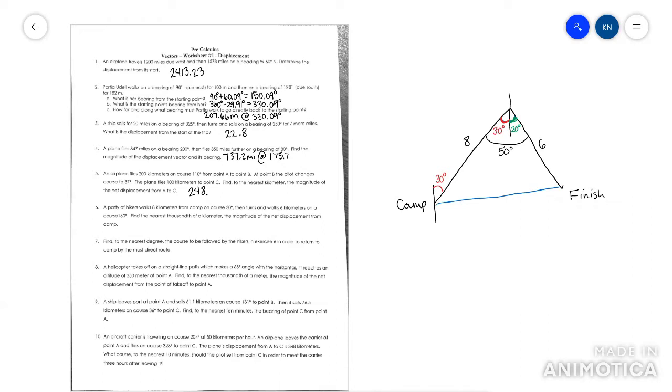And now I've got a law of cosines where I can solve for, we'll call this C. C squared equals 8 squared plus 6 squared minus 2 times 8 times 6 cosine of that 50 degrees. When you do this, you'll get C equals 6.19 kilometers. We'll call it 6.188 because technically they asked for the nearest thousandth. So that would be my answer for number 6, 6.188 kilometers.